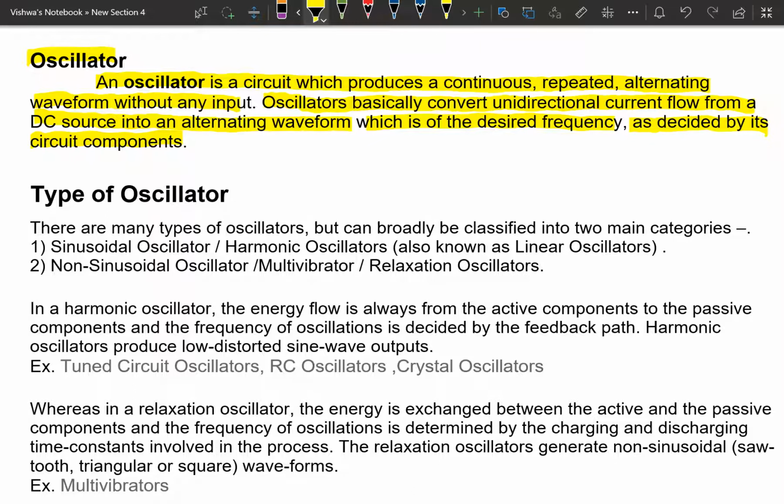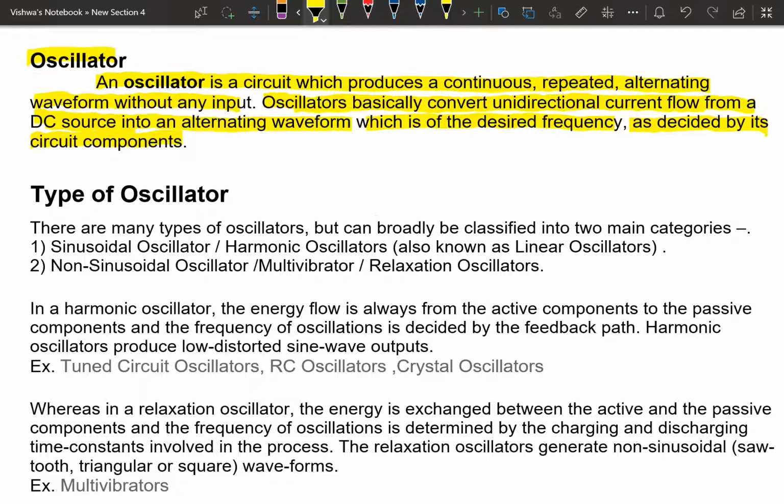Simply, an oscillator is an electronic device or circuit which produces continuous repeated alternating waveforms without any input. That means there is no need to provide any input. It converts the supplied voltage into continuous repeated alternating waveforms. Unidirectional current flow means DC current from a DC source, converted into alternating waveforms of the desired frequency.